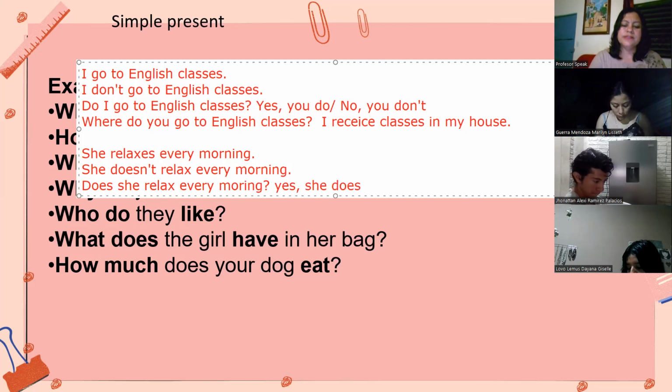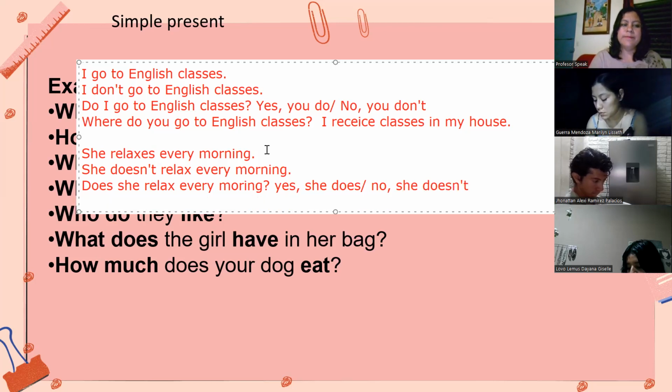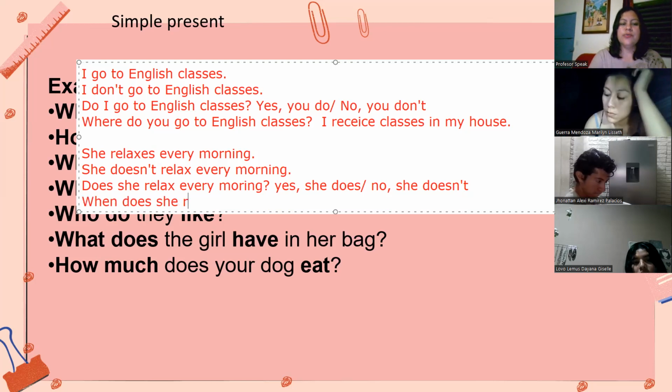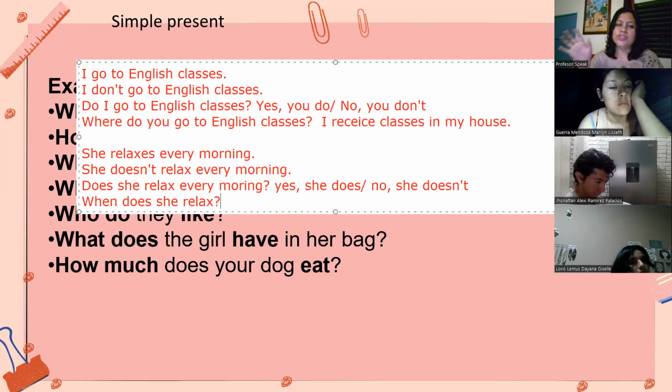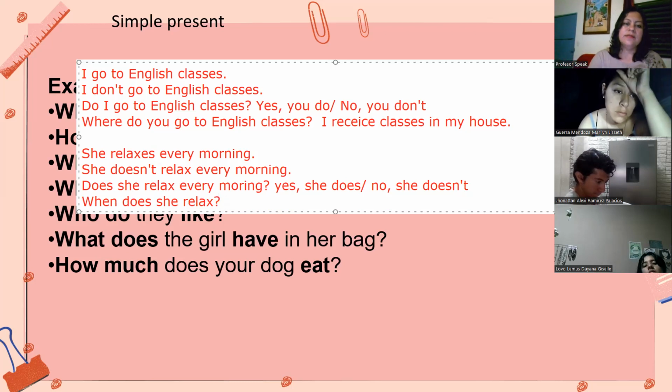Yes, she does. Or no, she doesn't. And then we can put maybe when. When does she relax? Aquí solo la dejamos en blanco. When does she relax? And then you can say she relaxes in the morning. Or she relaxes every morning.